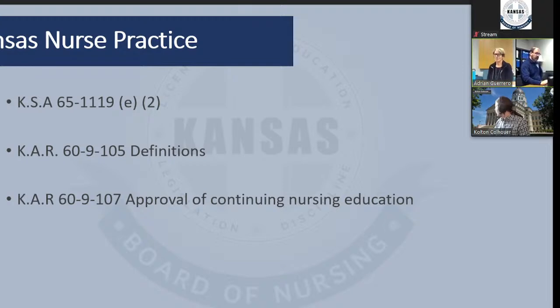You're probably not going to use the statute quite as much, but the two regulations, 60-9-105 and 60-9-107, you as providers will be using those two. 60-9-105 has all the definitions in it that you may find helpful. And then the actual approval process that we use for providers is in 60-9-107. Okay, next, Colton.